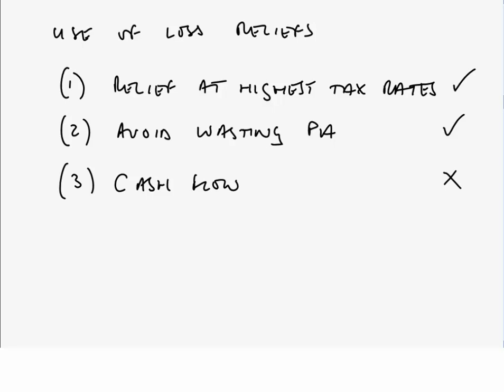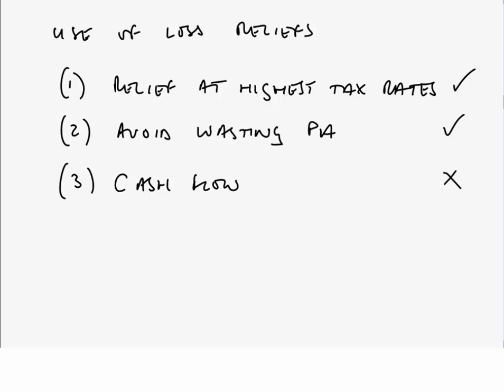State what claims are available. It might then ask you to make the most efficient claim at the earliest available opportunity, which means don't go with the current year claim because you'd simply be wasting the personal allowance, but go with the preceding year claim.